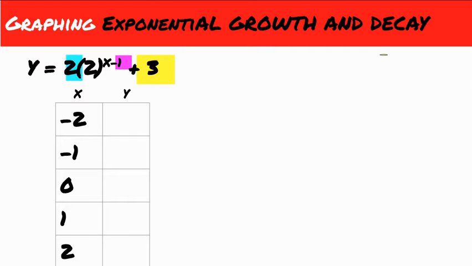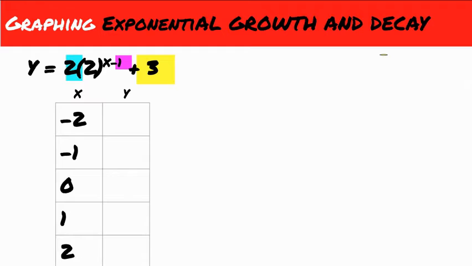The 2 out front causes a vertical stretch. If it was a half, it would cause a vertical compression. The minus 1 with the x does the opposite of what we would think. It moves the graph 1 to the right. And the plus 3 does exactly what we think. It moves the graph 3 up.